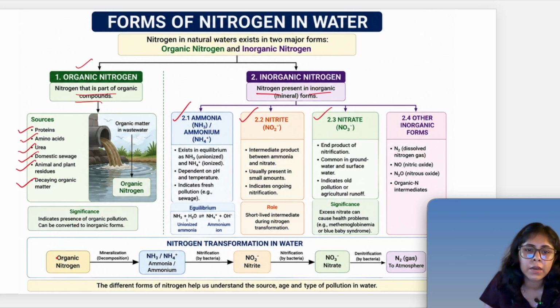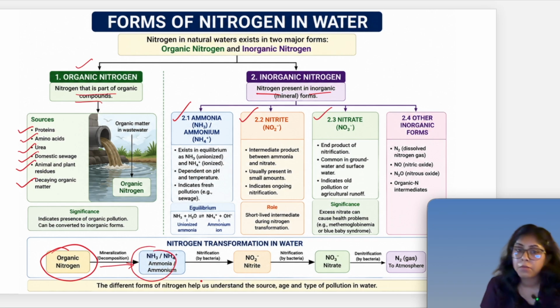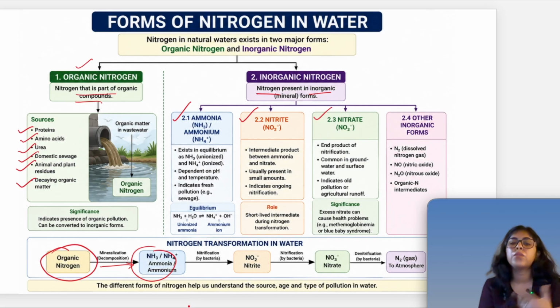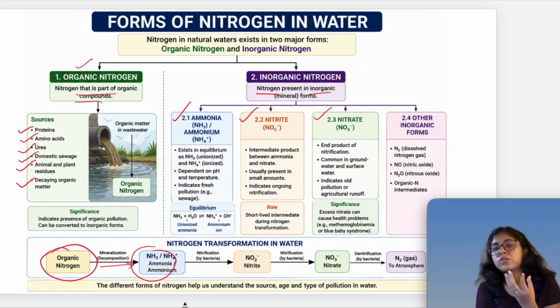See here, the organic nitrogen will get converted into ammonium, and then from ammonium or ammonia it gets converted to nitrite due to some bacteria that are present in the atmosphere. Those bacteria are nitrogen philic, we can say.